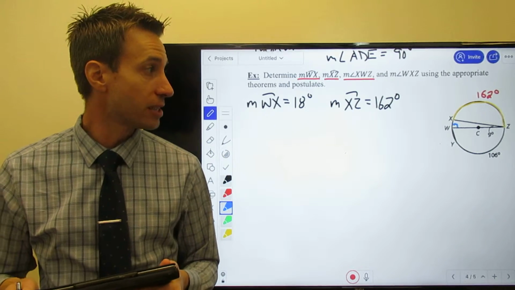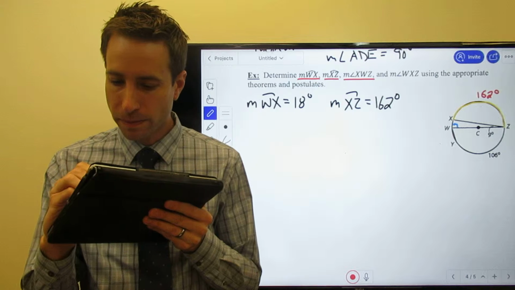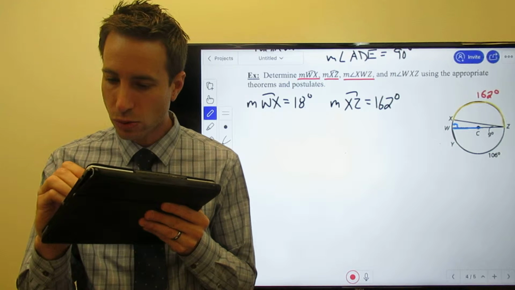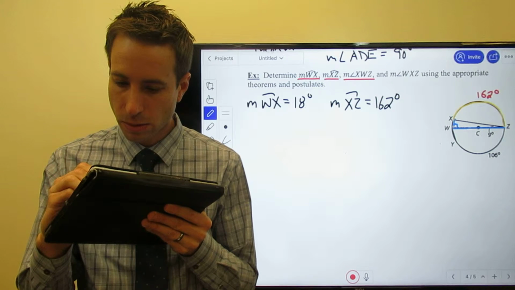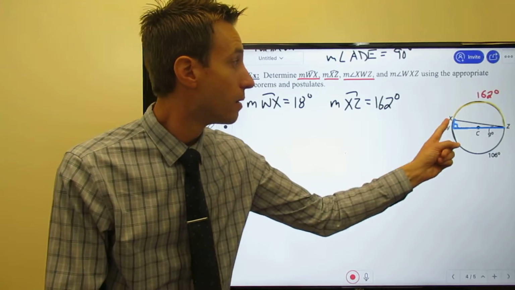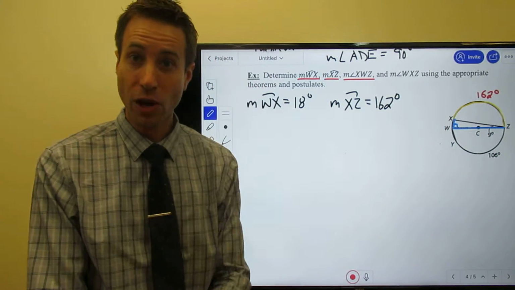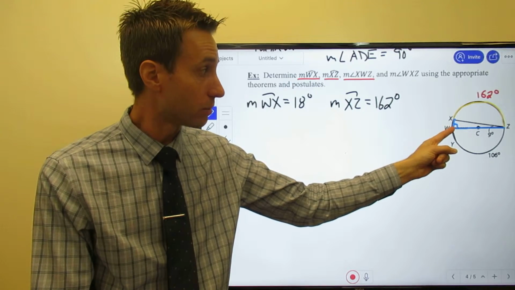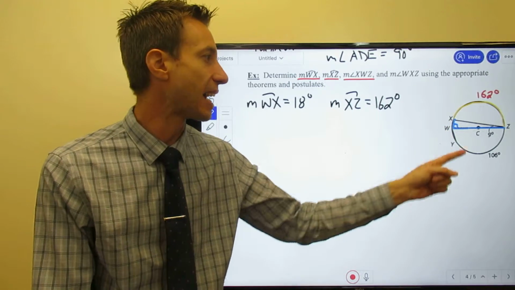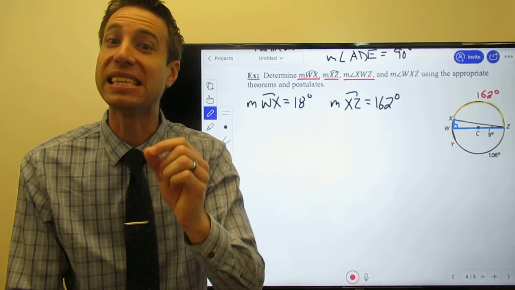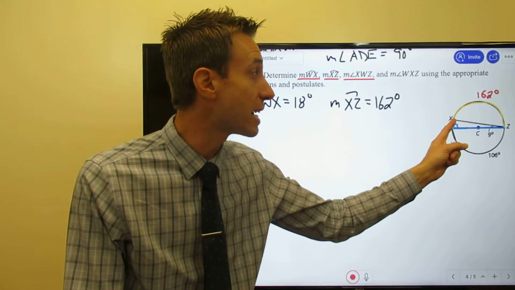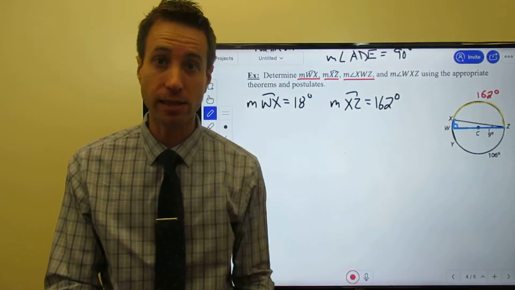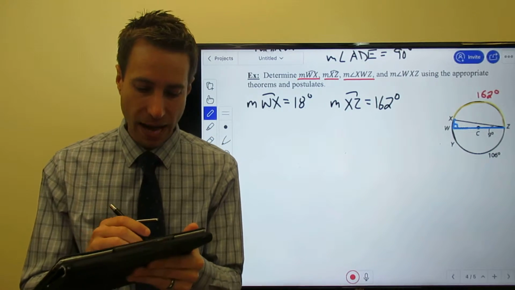Please notice that that angle creates that arc, right? W is the inscribed angle. That angle XWZ is the inscribed angle that creates the arc XZ, which is what we just found.